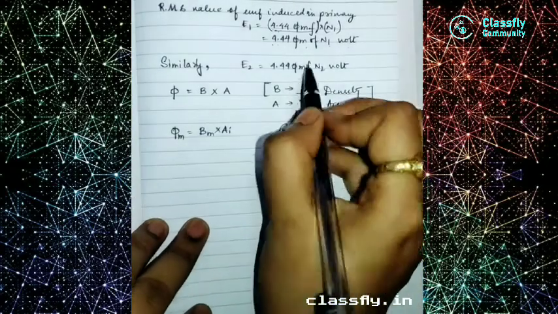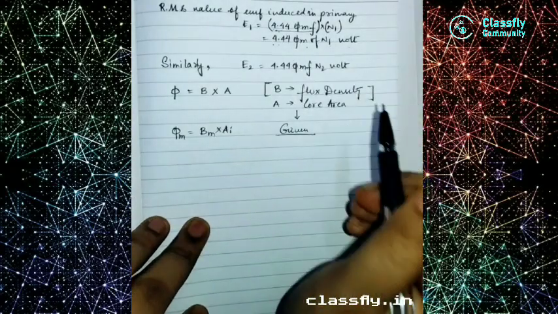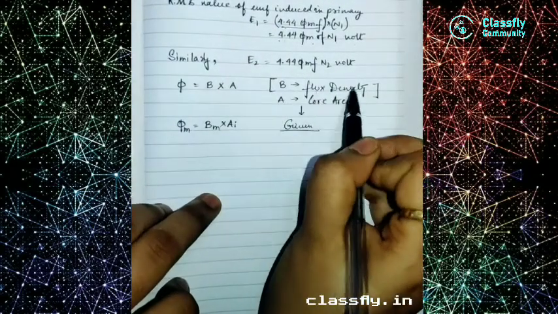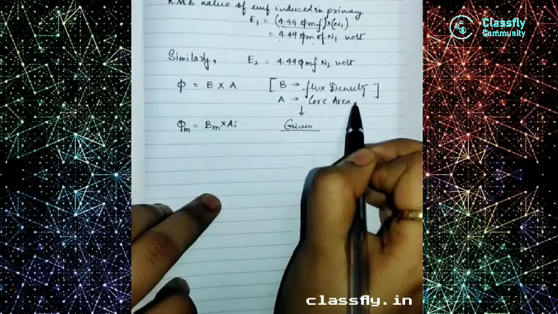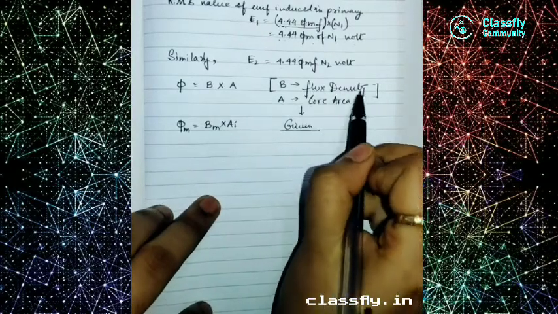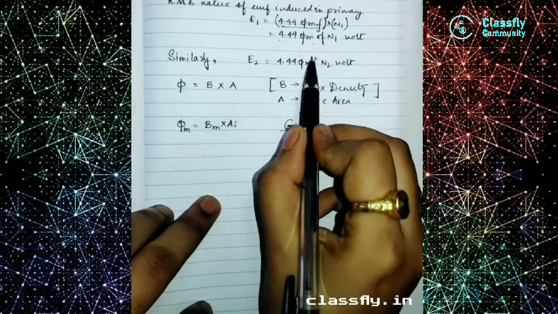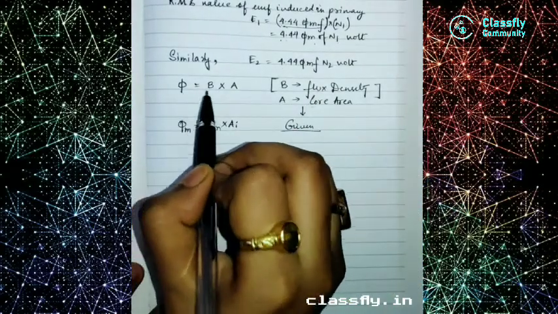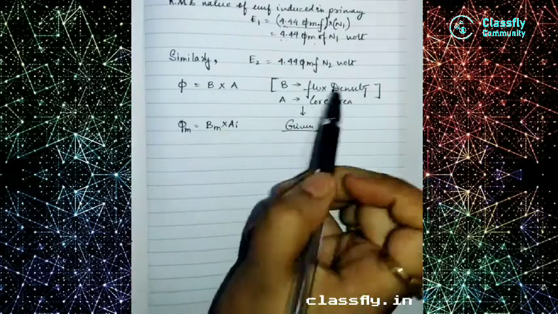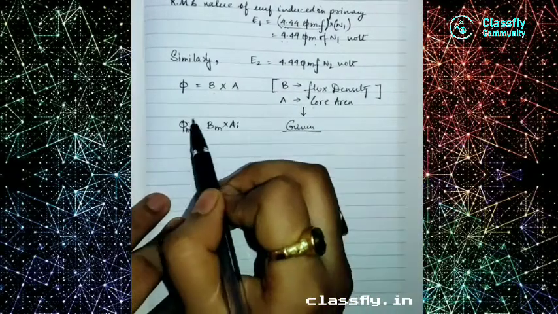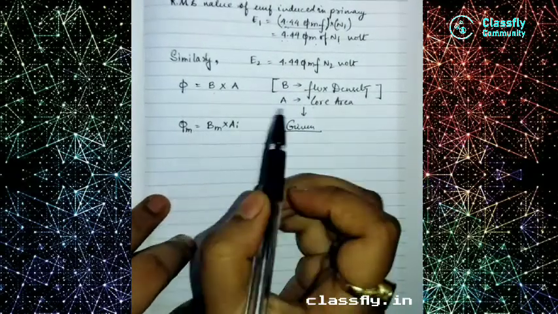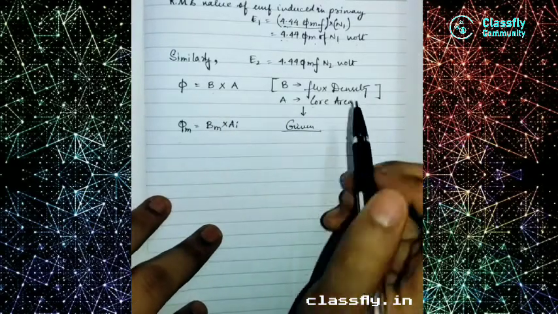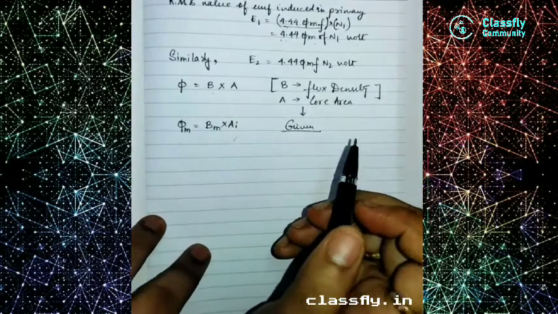Now see, for this phi m we need to know two values which should be given, that is our flux density and our core area. If these two are given, then we can find this phi m. We know that flux phi is equal to B into A. As we have taken phi m, we represent it as phi m equal to Bm into Ai, where Bm is our flux density and Ai is our core area.